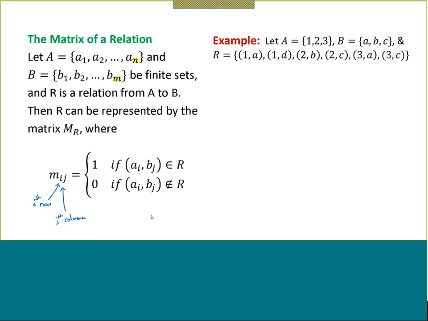So this example I have on purpose here. Set A is 1, 2, 3, the digits or the numbers, and set B is a, b, c, letters. And I on purpose made these two different types of characters just so it's really easy to tell who's in that first position and who's in that second position.